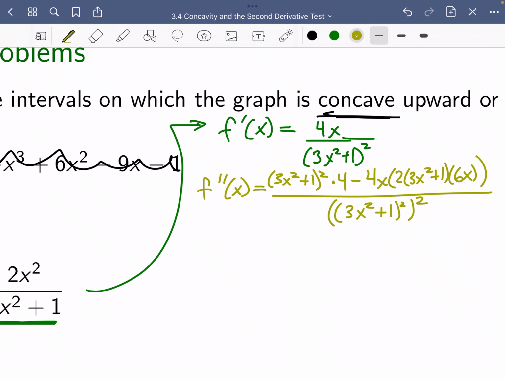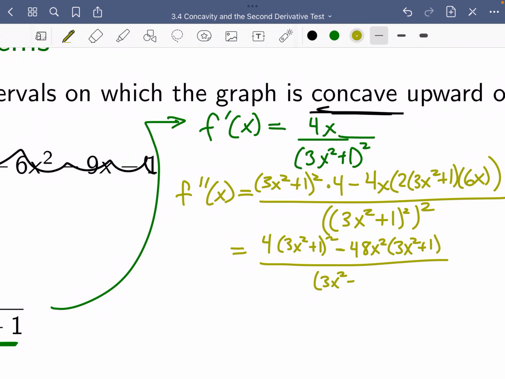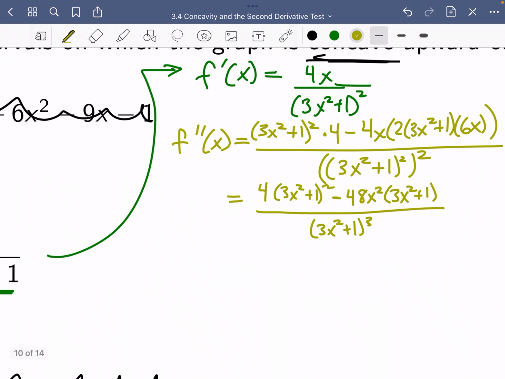And if you go through and do some of this cleanup, we have 4 times 3x squared plus 1, squared, minus, let's see, 48x squared times 3x squared plus 1, over 3x squared plus 1 cubed.